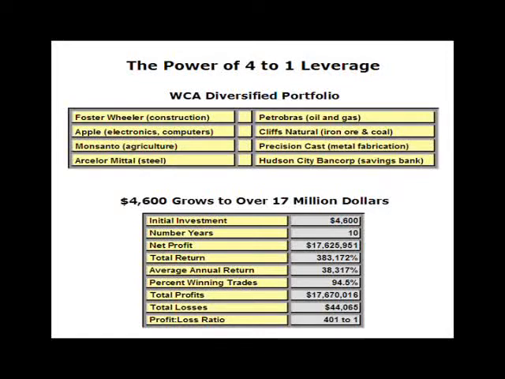Over the 10-year test period, this translates to more than a 38,000% average annual return. Like I said, we're having fun. These results are just theoretical, but they can give you an idea of how 4 to 1 leverage can dramatically compound your profits. All test years were profitable.